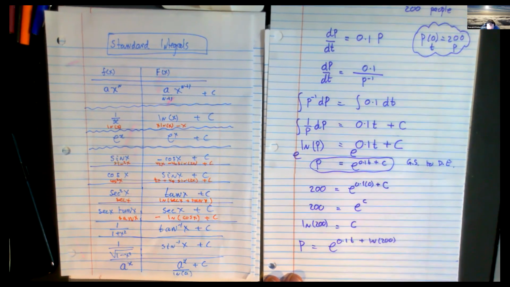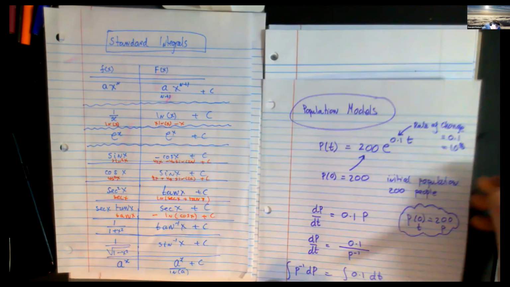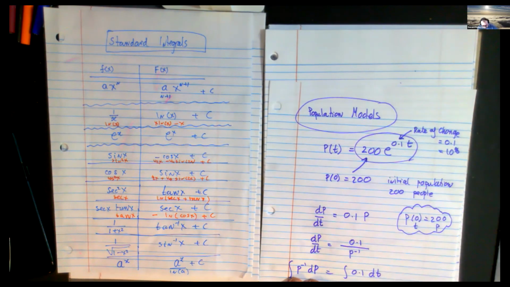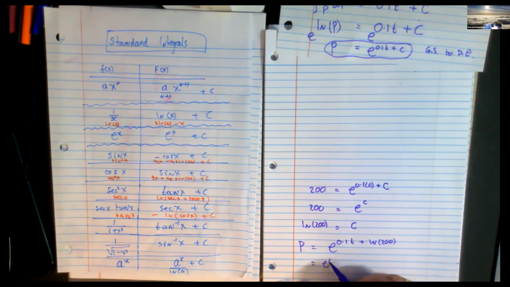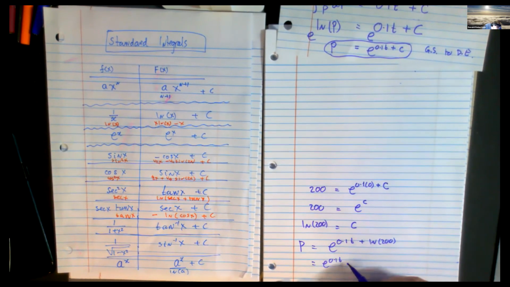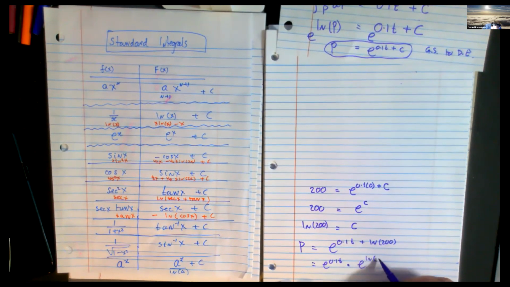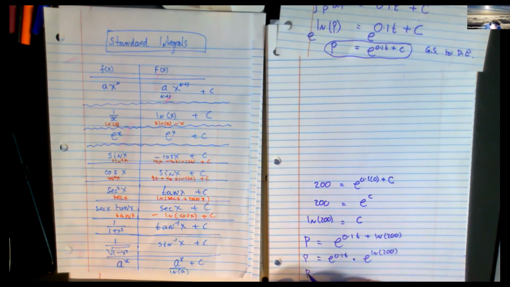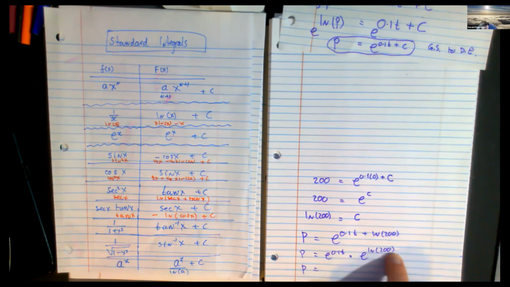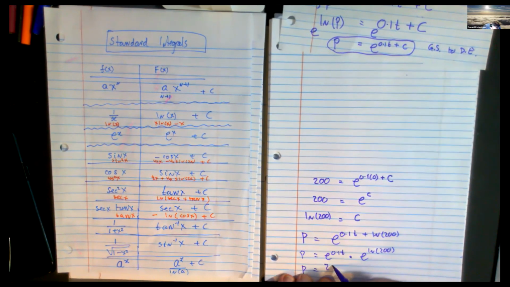Now you might say, hey, wait a minute, that's not the answer it should be. Well, let's make it the answer it should be. You can separate this out into that. And isn't e to the natural log of 200 just 200 and you stick it in the front?